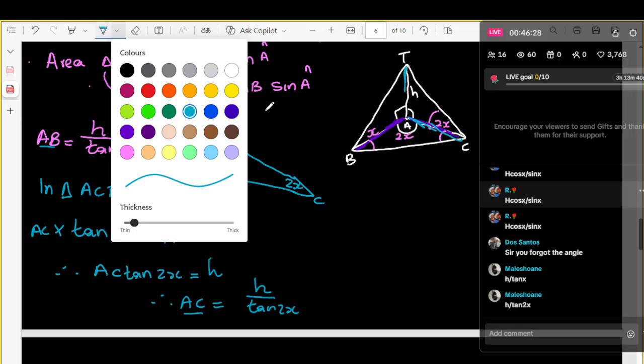So these are the ones that we need to substitute in our equation. We need to substitute these two. Okay, so now remember I'm just going to rewrite this formula down.